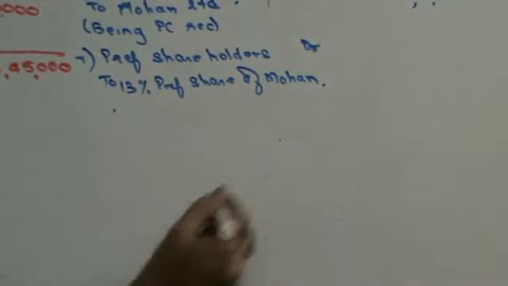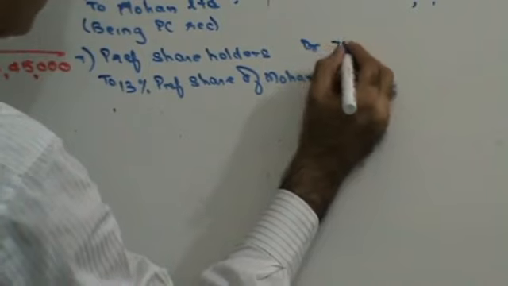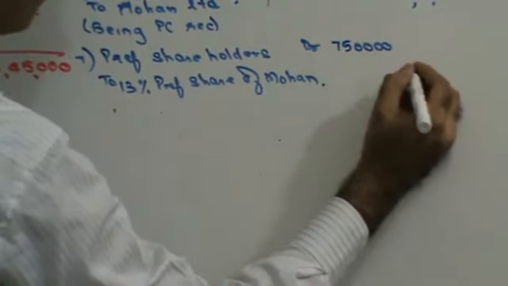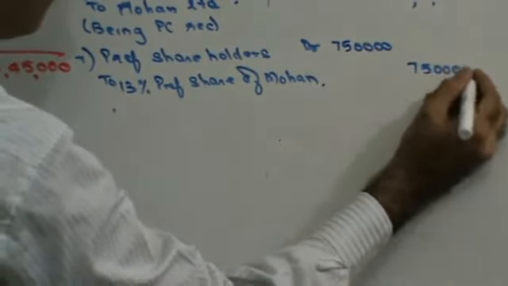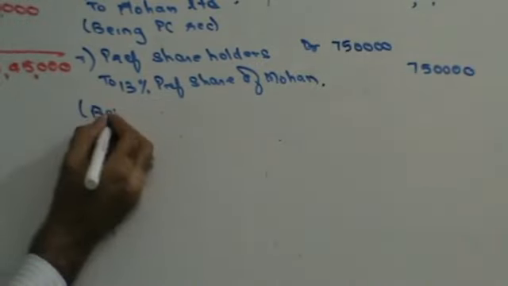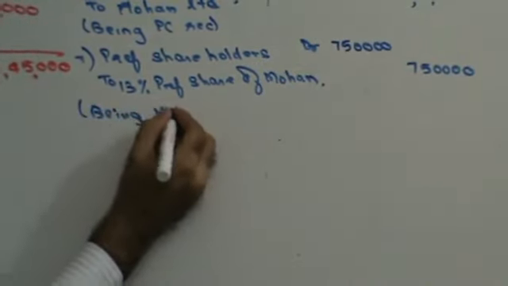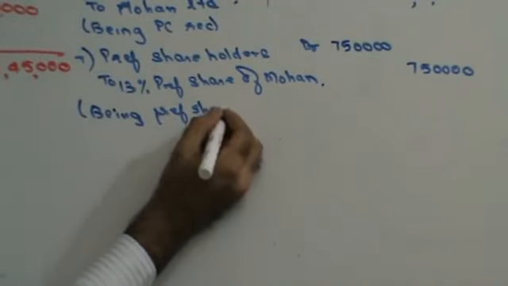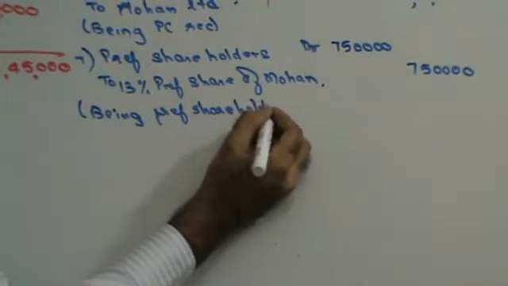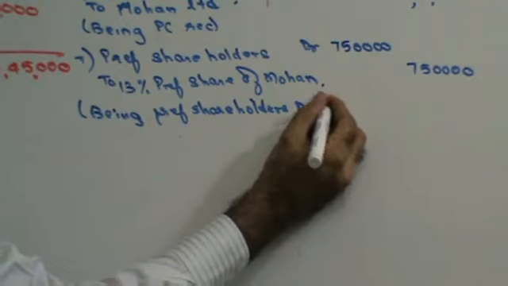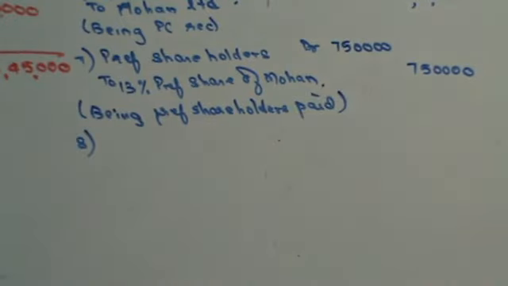That is going to be 7,50,000. Right? Being preference shareholders paid. Right? Once you take the preference shareholders, then you have to record the realization figure.